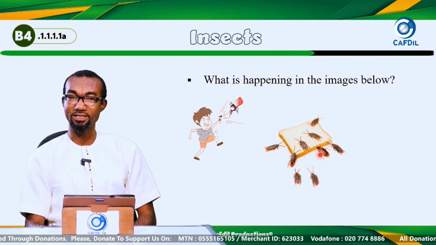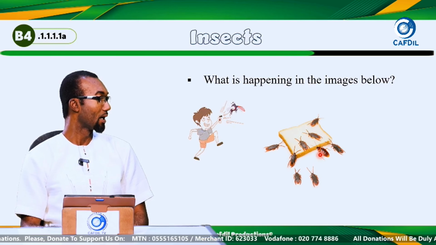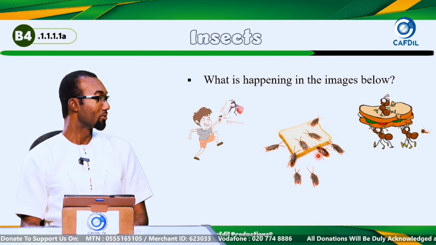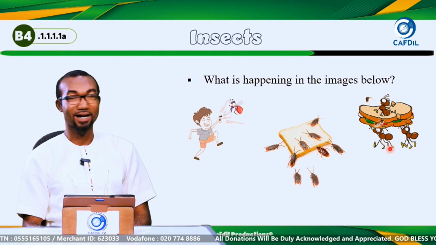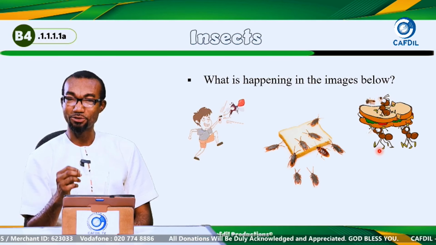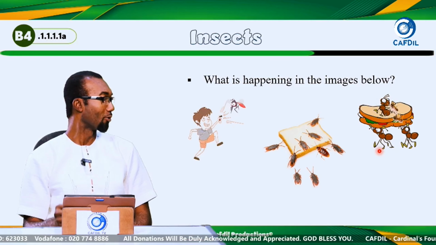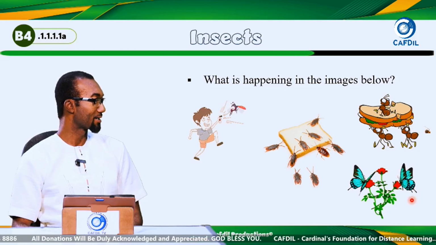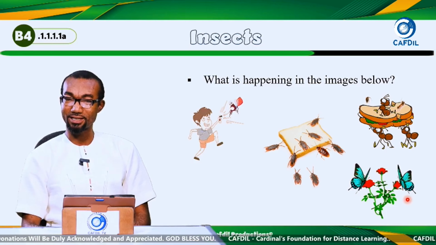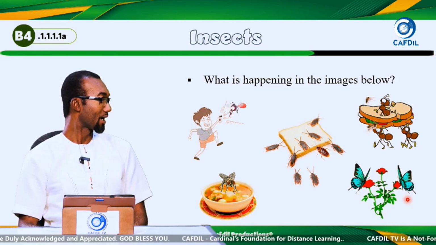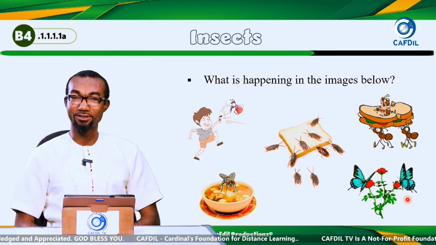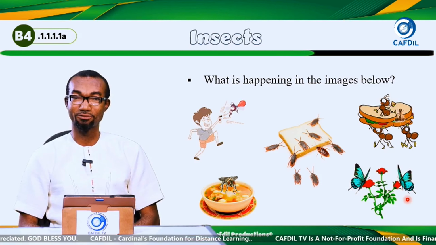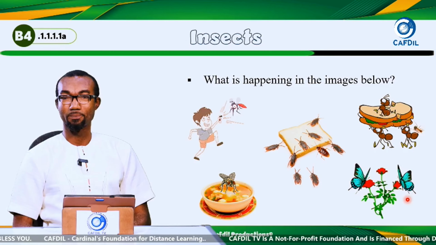I hope you have seen this image before at home. If you look at this one too, the ant here is enjoying the bread as the rest are carrying the bread away. I know you have seen this too in your homes before. If you look at this too, you see these butterflies on a flower, and you have seen that before. If you look at this one too, this housefly is also enjoying itself with the food.